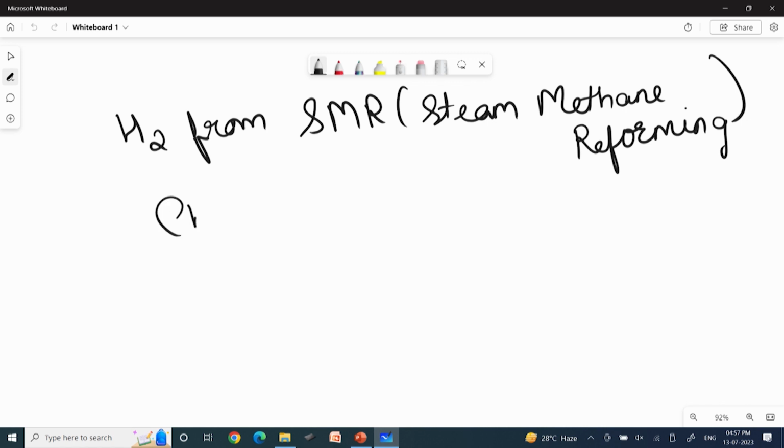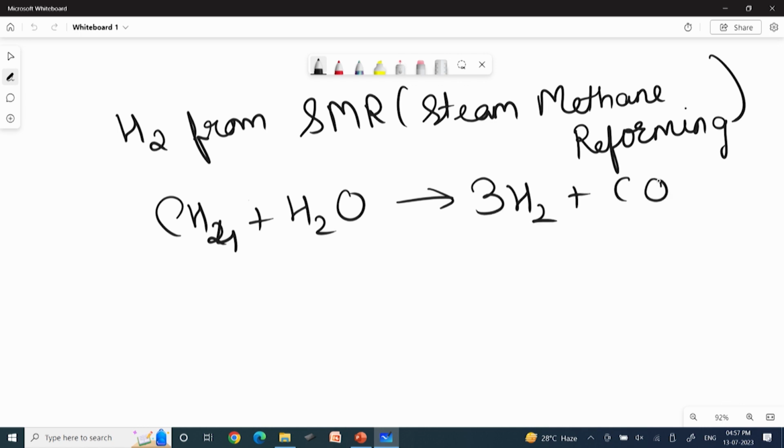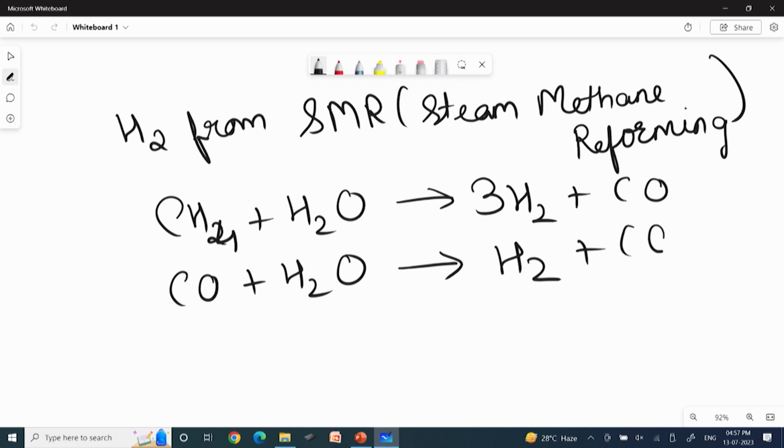So, you have methane that reacts with water and produces 3 molecules of hydrogen and 1 molecule of carbon monoxide, and even this molecule of carbon monoxide is made to react with more water to produce another molecule of hydrogen and carbon dioxide. So, ultimately 1 molecule of methane is expected to give you 4 molecules of hydrogen.